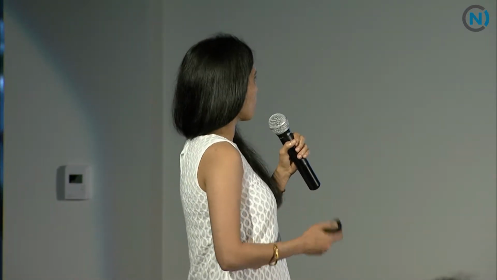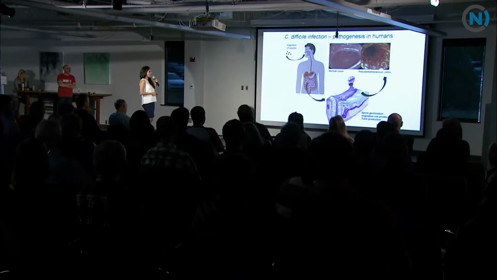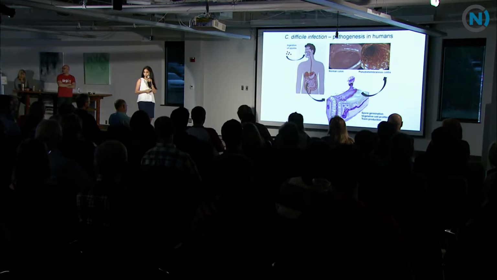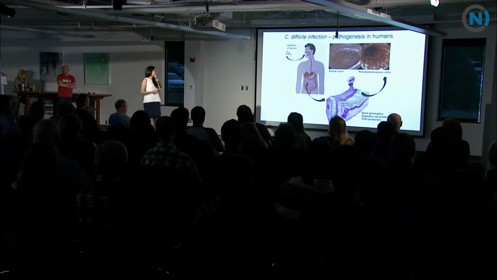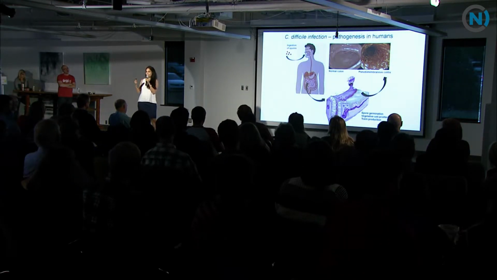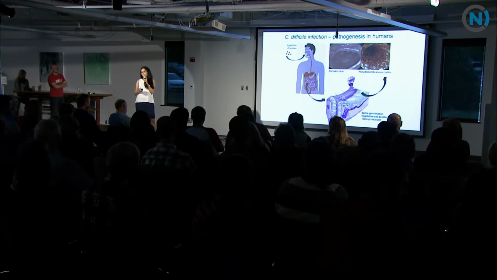And so when you ingest the spores, these spores come in contact with the bile in your intestine, and primary bile salt, which is a major component of the bile, helps the spores to germinate and form the vegetative cells. When your gut is healthy and you have all the good bacteria, which is an intact microbiome, that helps to inhibit the different stages of the C. diff life cycle that I just mentioned.